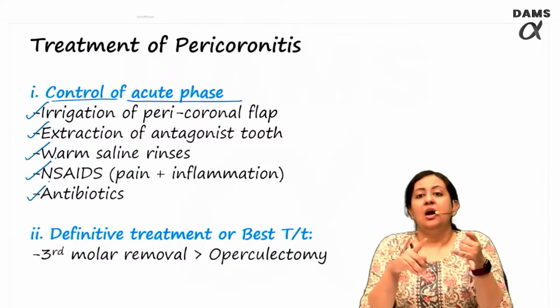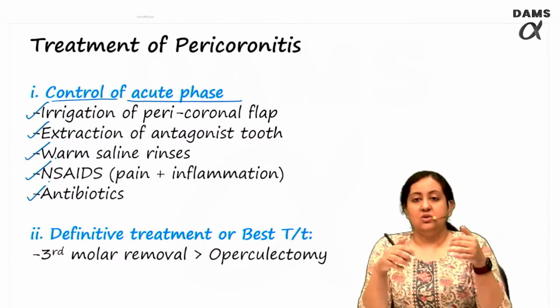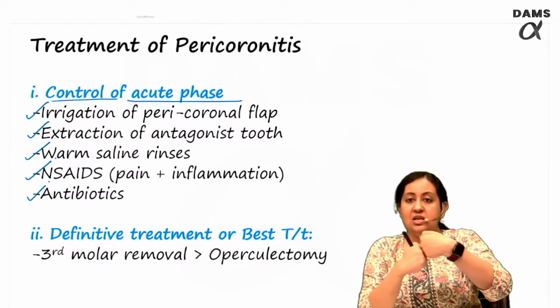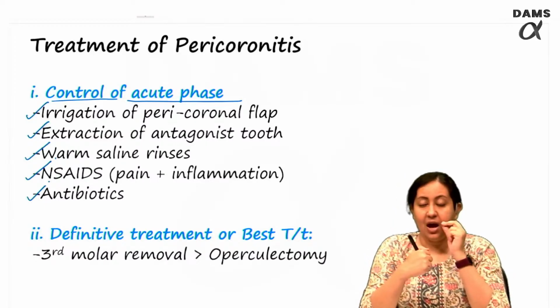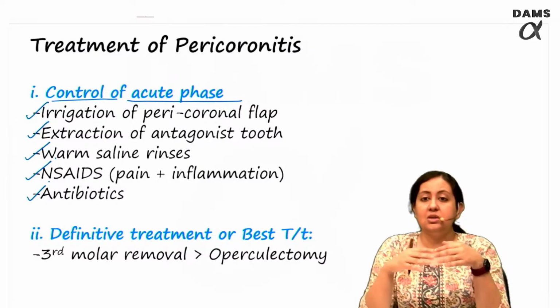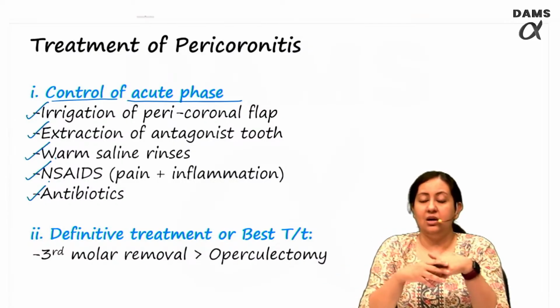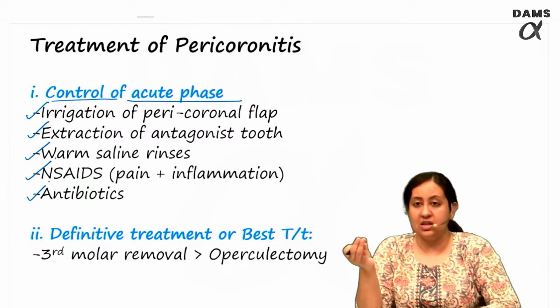Alright. Extraction of antagonist tooth. When the opposite tooth constantly causes trauma to the pericoronal flap, it will cause more and more inflammation over there. So to take care of the pericoronitis, you can remove the opposing tooth.